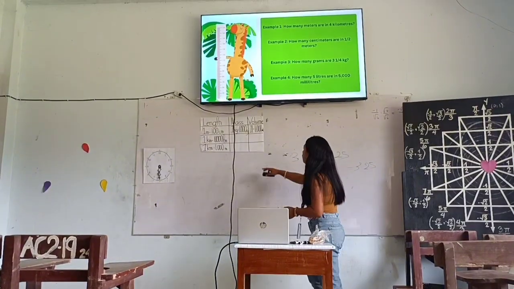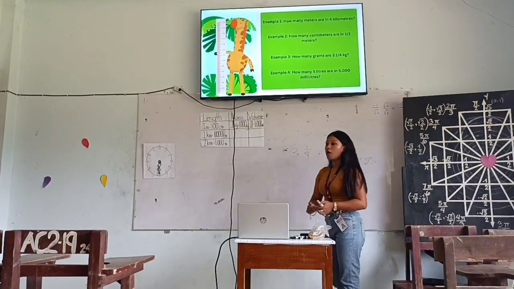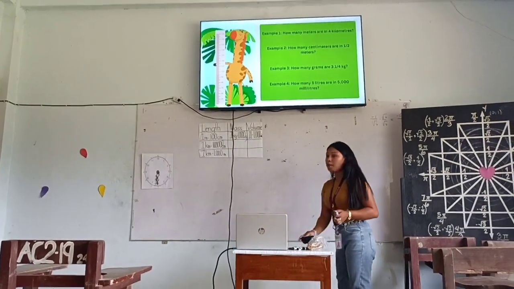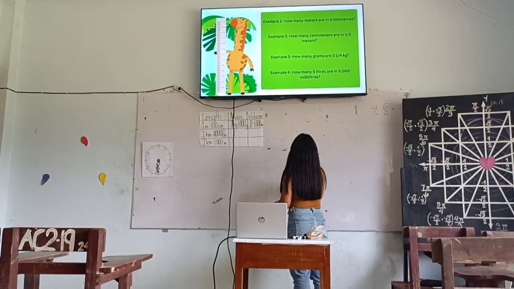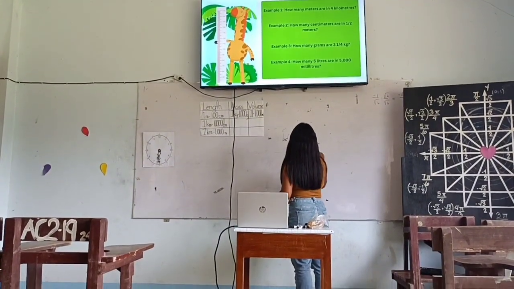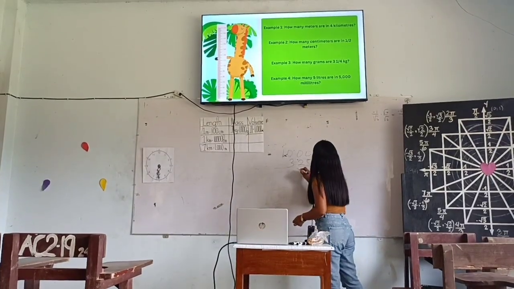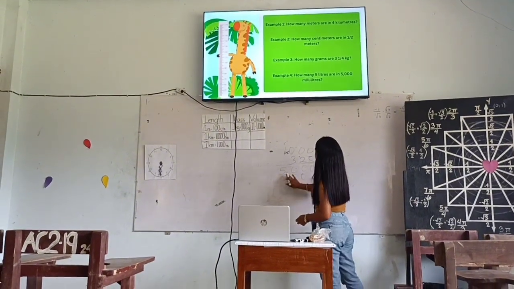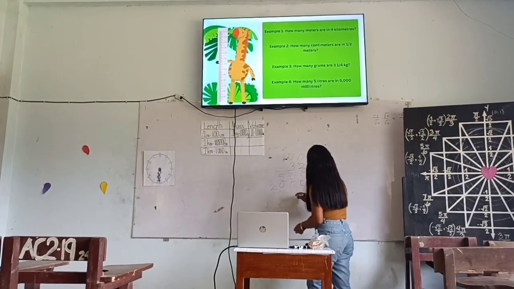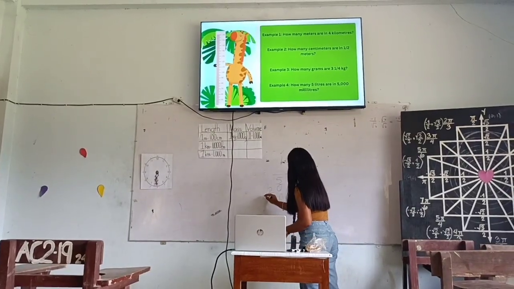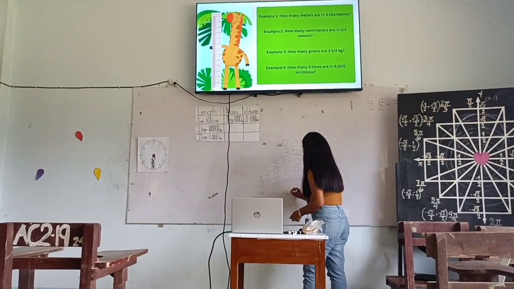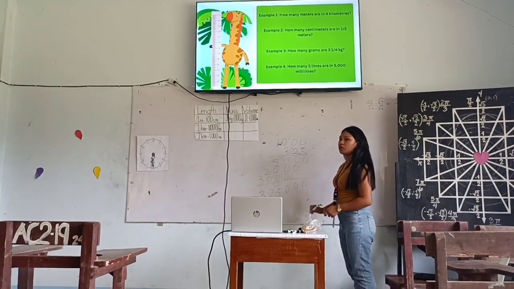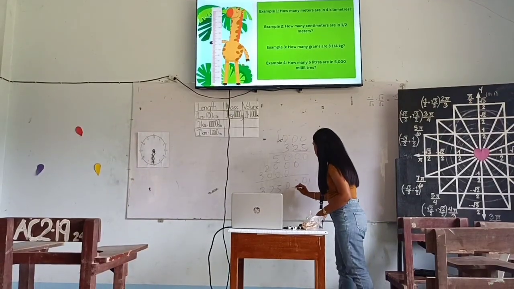And since in 1 kg there are 1,000 grams, we need to multiply the 3.25 by 1,000.